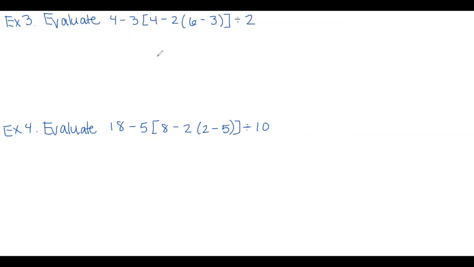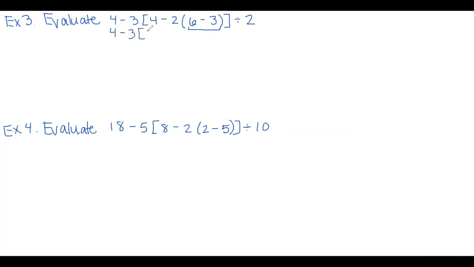All right, for examples 3 and 4, let's take a look at those. For number 3, we have 4 minus 3 times 4 minus 2 times 6 minus 3, and it's divided by 2, okay? So we need to work from the inside out of these brackets.